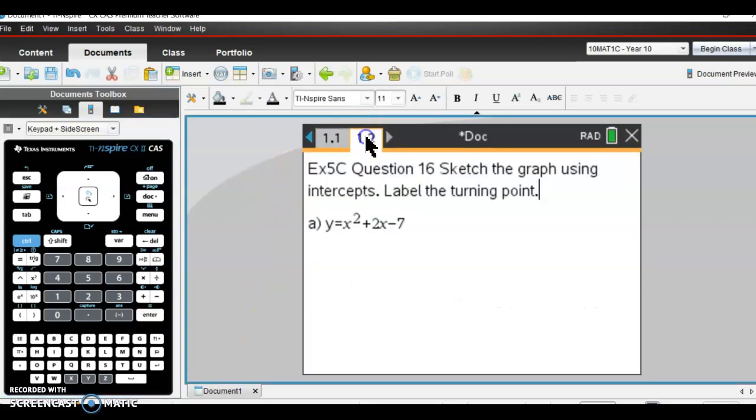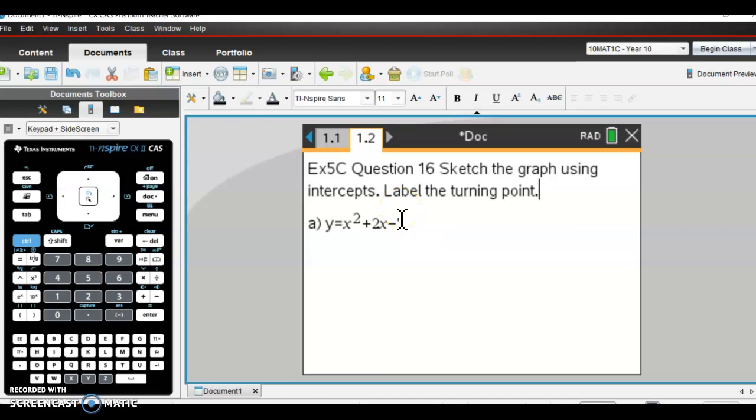Then we go on to exercise 5C. They'll be simply asking you to sketch various graphs. So let's go straight to question 16, one of the last questions, and we're asked to sketch a graph of this.